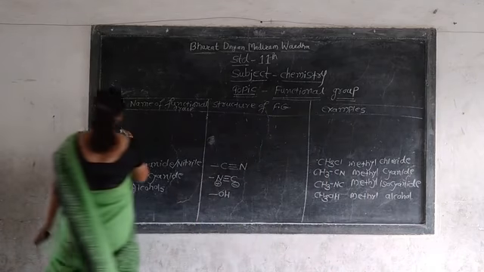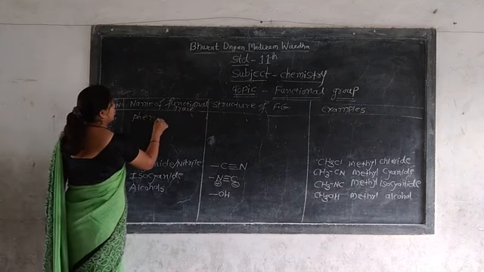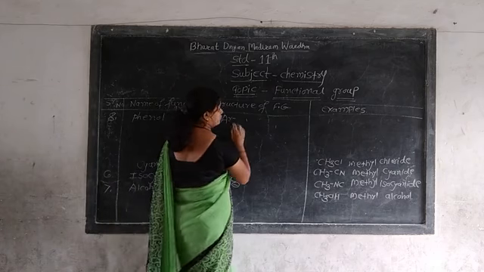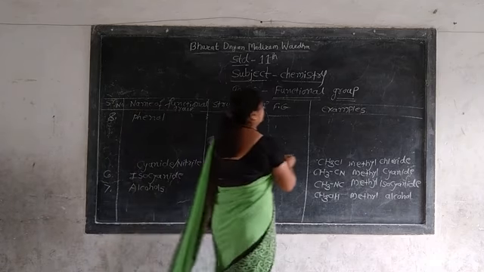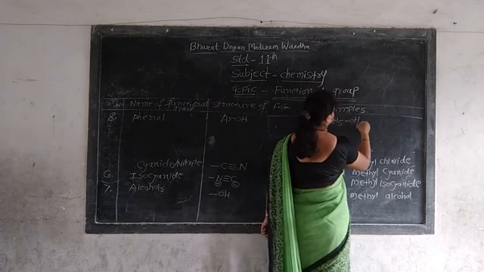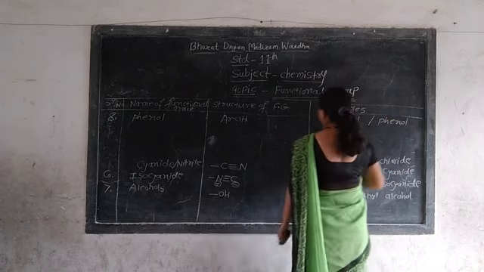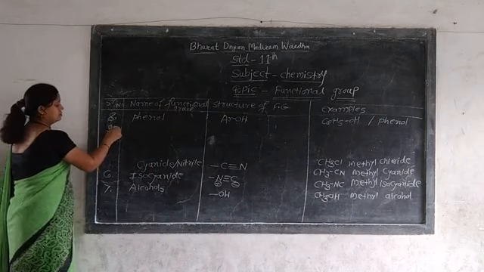Next is phenols. AR stands for the aryl group, so the functional group is ArOH. An example is C6H5OH, and the name is phenol. Next is ether.